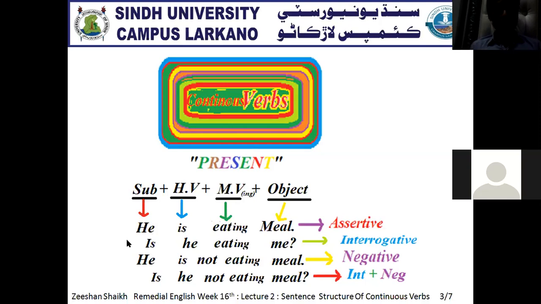Now, with he, the helping verb is definitely attached. After the helping verb, there is a rule: whenever we are trying to make a continuous sentence, we have to give the ing form, or you can say the fourth form.